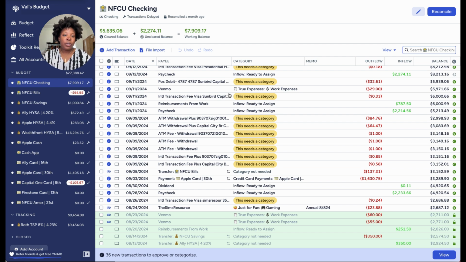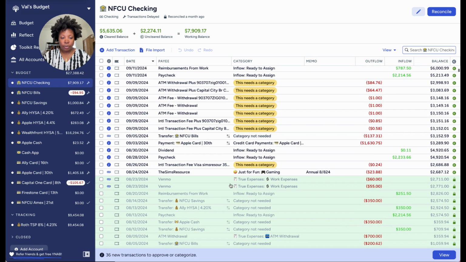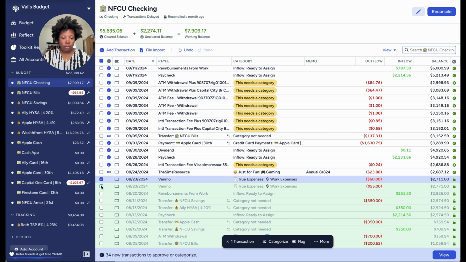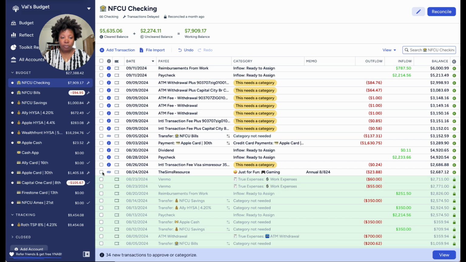So we know we have a good bit to do in here. Starting from these transactions here, they were already reconciled, so we already knew that they were correct. We approved them previously, but because the import was delayed, it didn't match them until later.